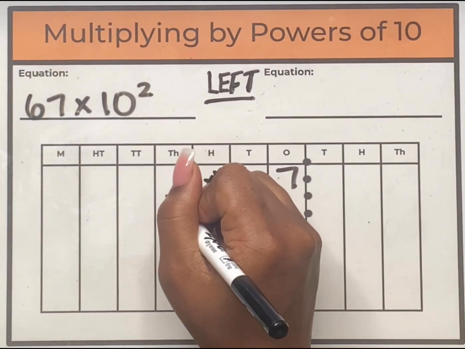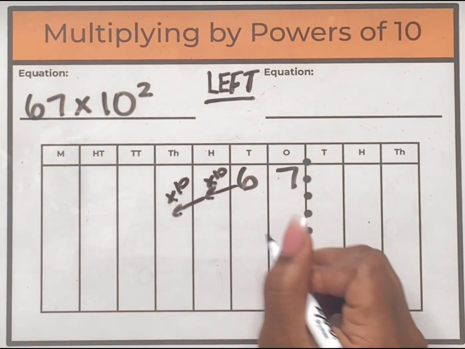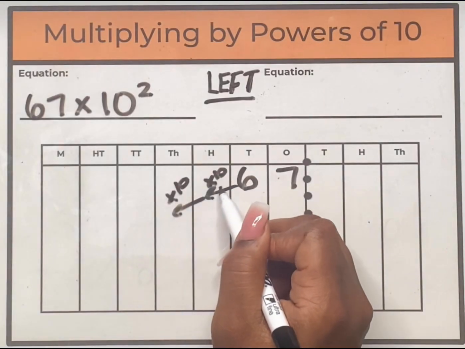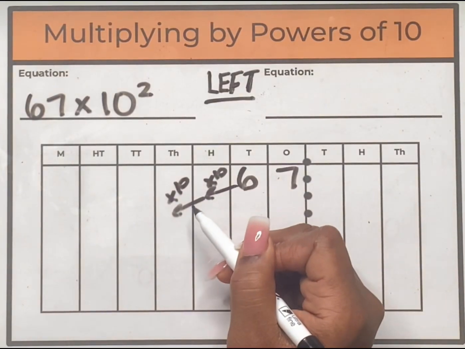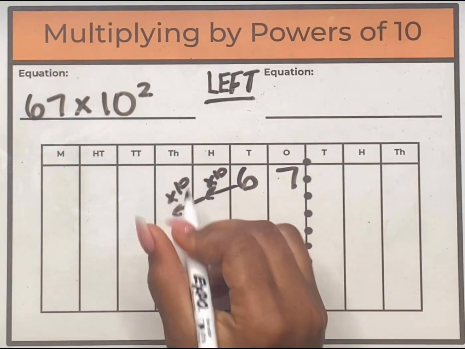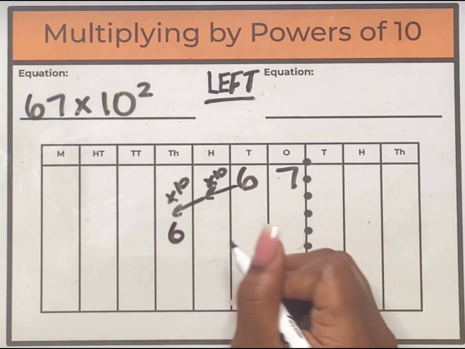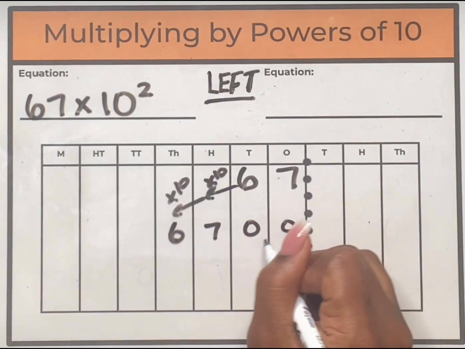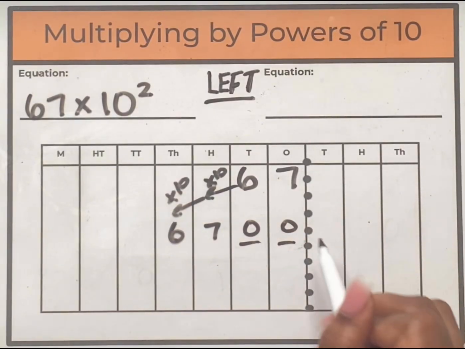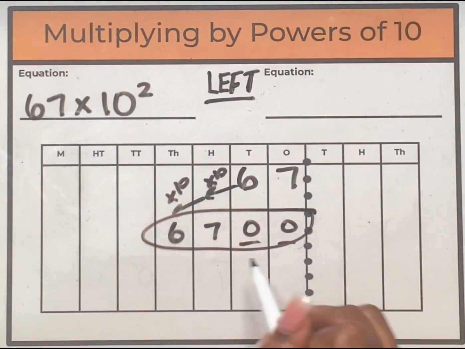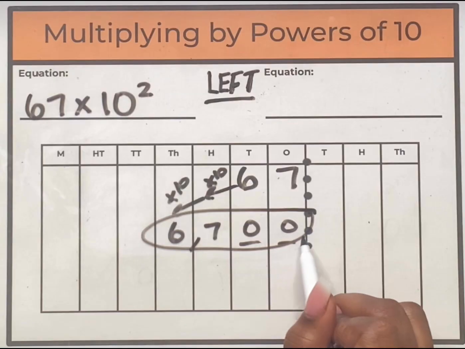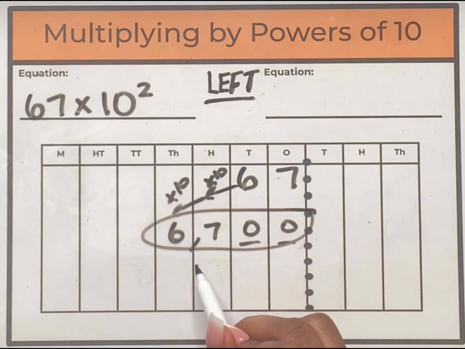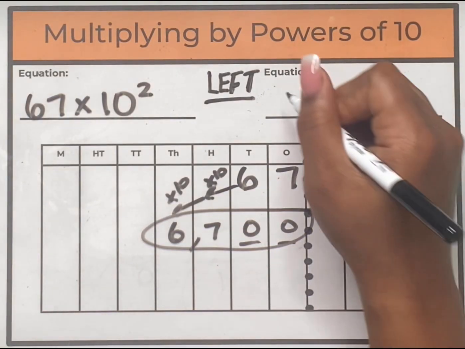Another shift, put times 10. Now the 6 is here. And then we put the 7 right behind it. And in these blanks, we put zeros. Circle your answer. You should have gotten 6,700.